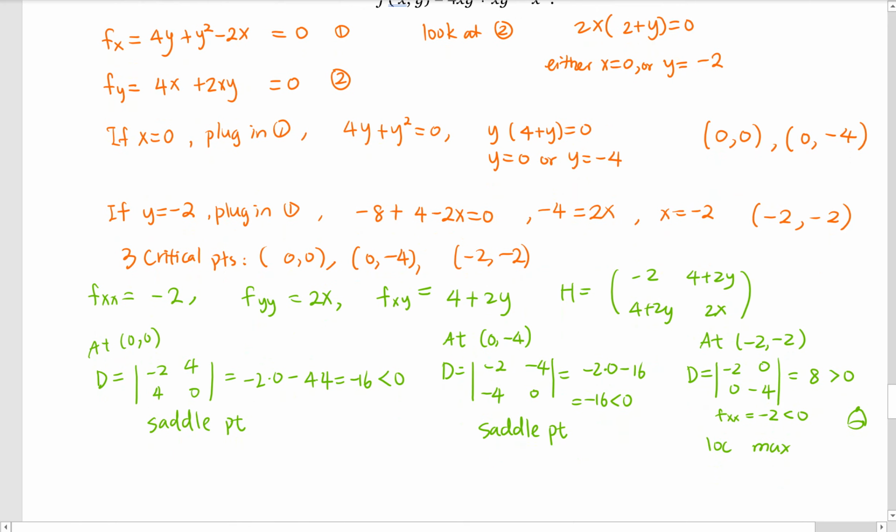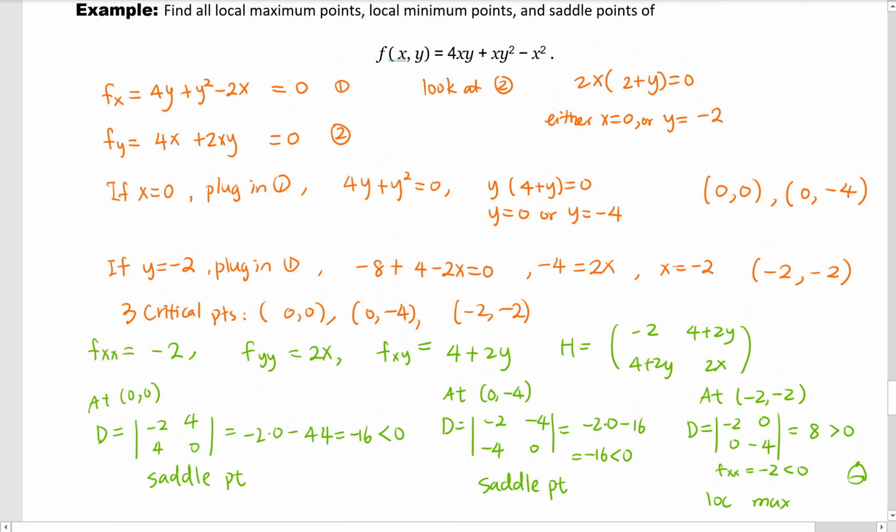Yeah, so this is a typical example: we have a function, and the first step is to find the critical points. So we calculate the first partial derivatives and set them equal to 0. Then we need to solve the system of equations. Compare each equation, find the easier one, and try to factor it. Make sure the right-hand side is 0, and then on the left-hand side try to factor it.